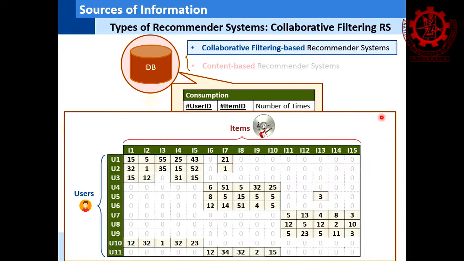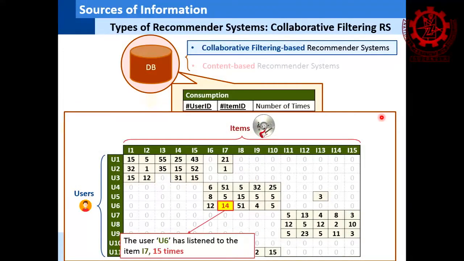When we deal with, for example, the music domain, instead of having explicit information, it's very typical to have implicit information in which we express the number of times that the user has consumed an item. For example, here we say that the user U6 has listened to the item I7 14 times.